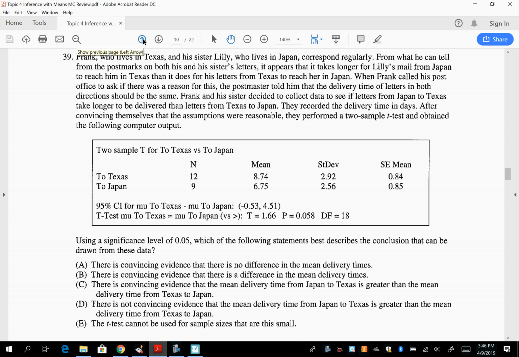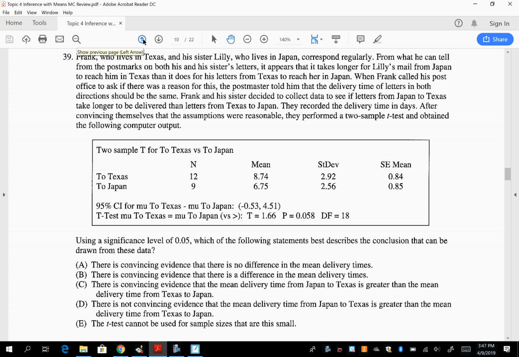I'm not sure everyone got to this question. Should I just summarize? Let me summarize. So you've got Frank and Lily, brother and sister, best of friends. They decided to live apart. And even though they miss each other terribly, they do correspond by mail. All right?